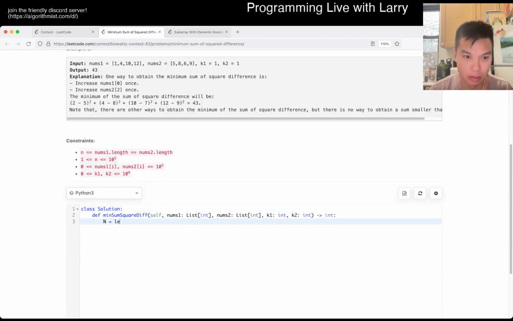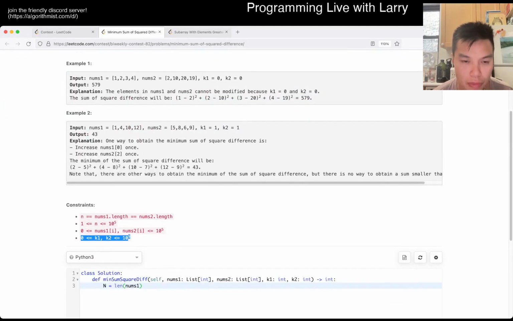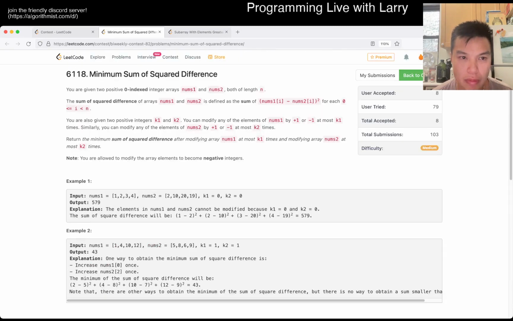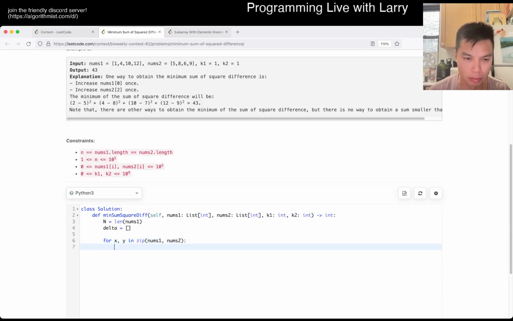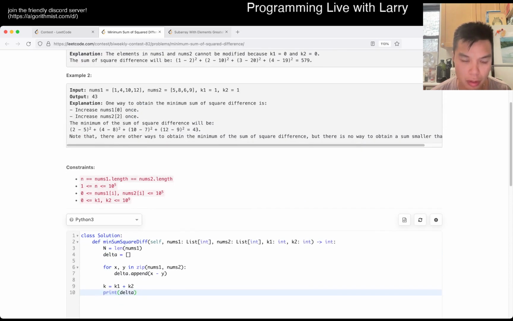Okay. So this is going to be whatever. But I could do this in one line, I know. I see.